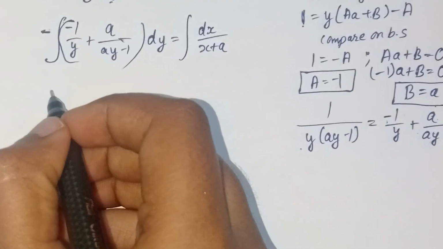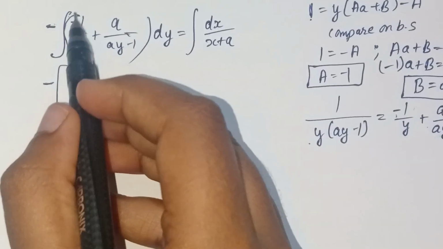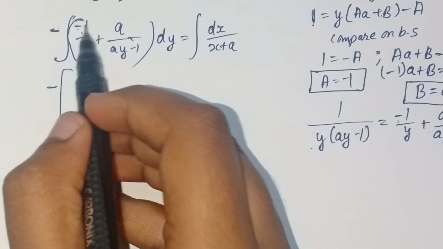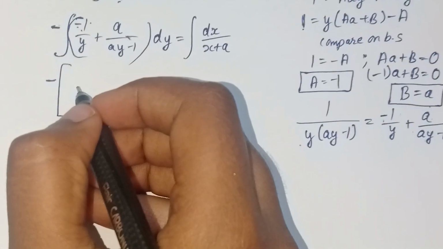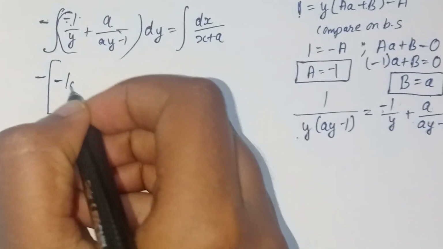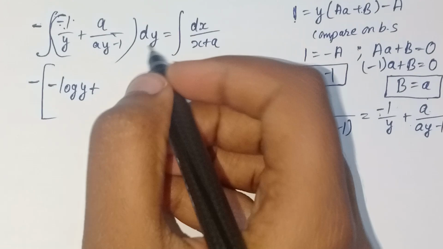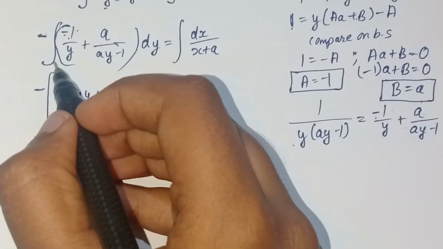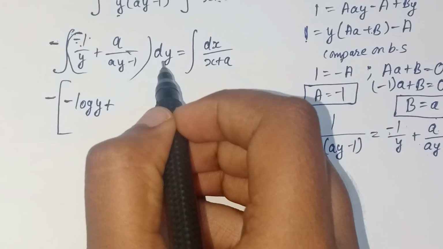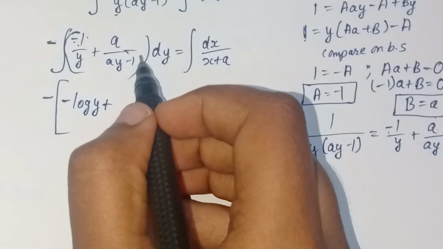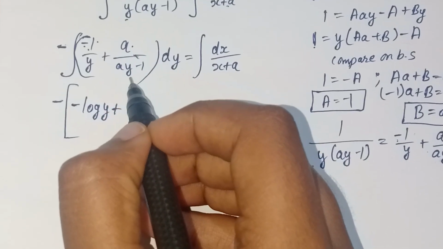Now we write the minus as it is. By integrating minus 1 by y, we get minus log y, plus the integration of a by (ay minus 1) dy. This is in the form of f dash of x by f of x.